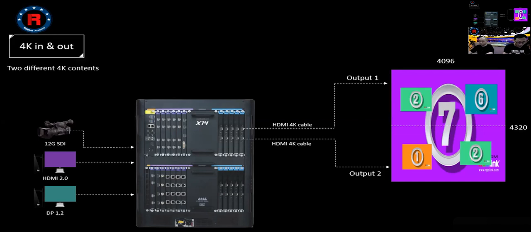And if the sublayer crosses the output, for example, one of the sublayers crosses the border across the output, what will happen? Let me show you the effect.